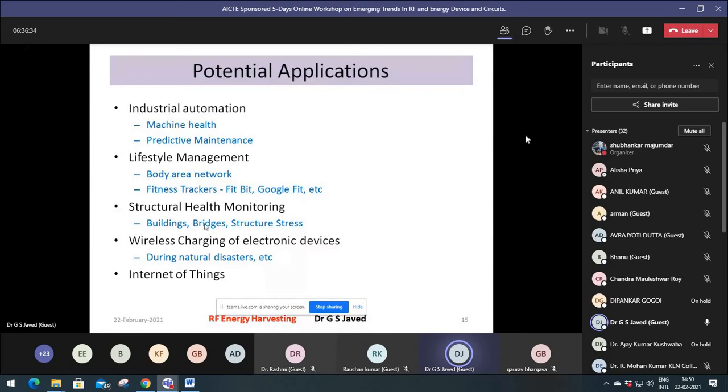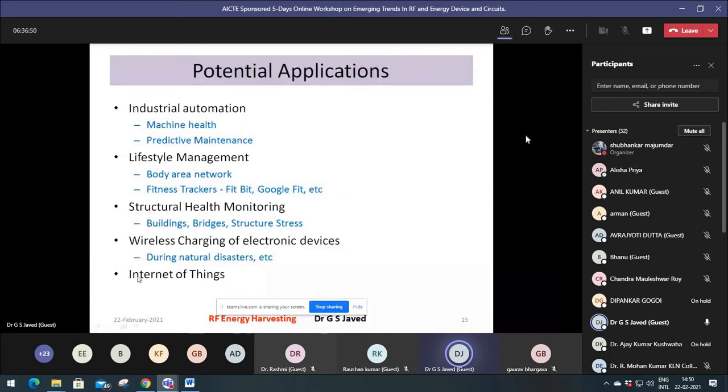Another thing is wireless charging for electronic devices. These are mostly beneficial when natural disasters occur and you don't have electric supply reaching you. You could use a lot of wireless charging directly from these applications.